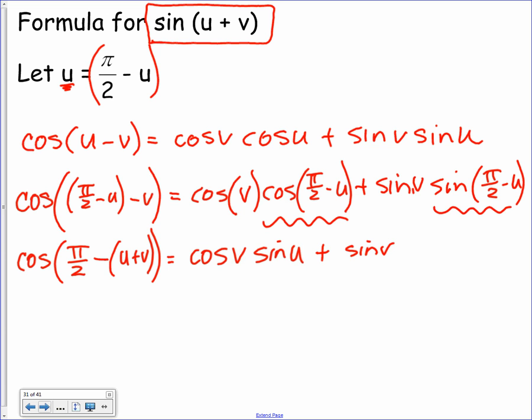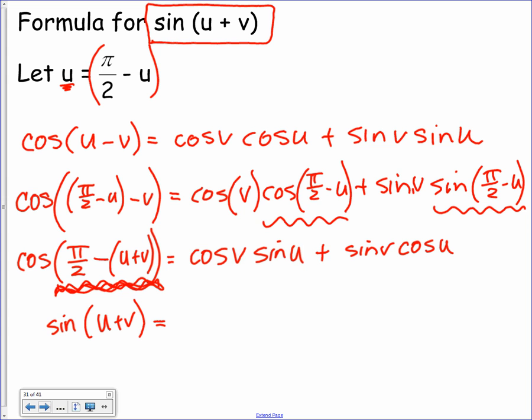And again, this is a cofunction problem. So sine of 90 minus u is really just the cosine of u. All right? Again, over here on the left-hand side, when you have 90 degrees minus an angle, you get the cofunction, which is just the sine of that angle. That's from last chapter, guys, in the beginning of this chapter.